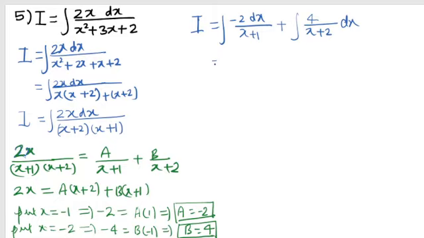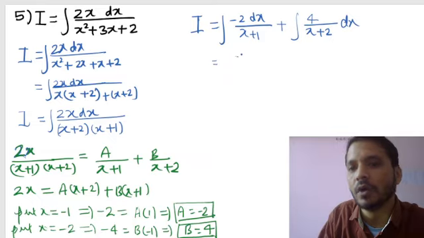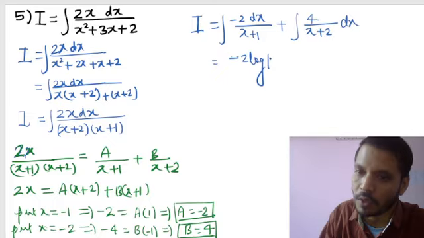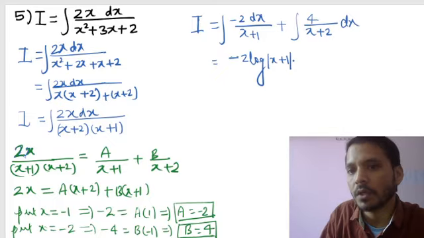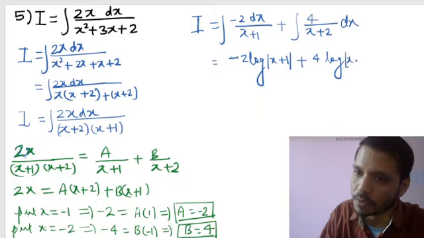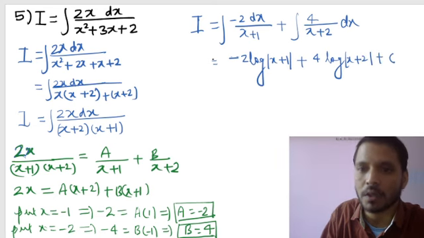So finally it will become minus 2 outside and log of mod x plus 1, plus 4 log of mod x plus 2, plus c.